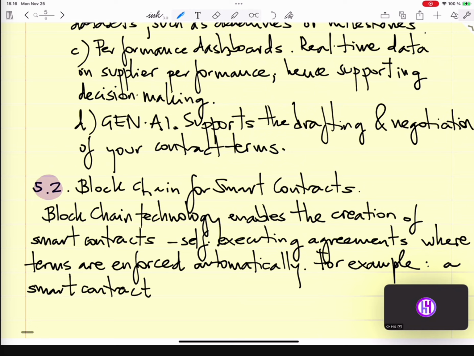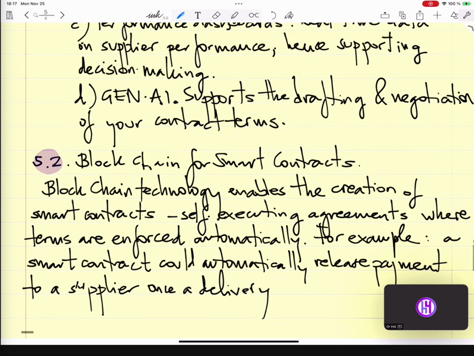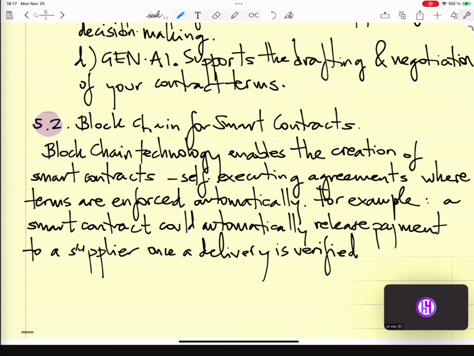could automatically release payment to a supplier once a delivery is verified, reducing delays and disputes.